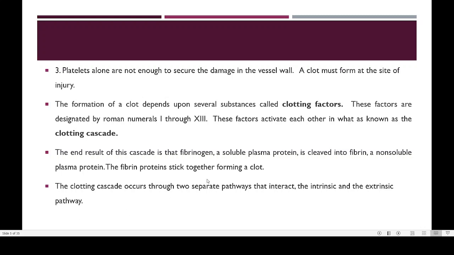So the clotting cascade can occur through two separate pathways, known as the intrinsic pathway and the extrinsic pathway. Now we have to see how the intrinsic pathway as well as the extrinsic pathway work.